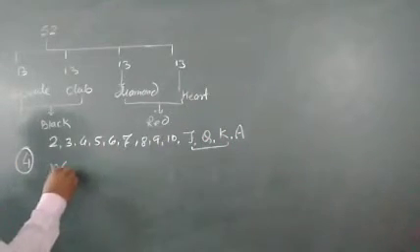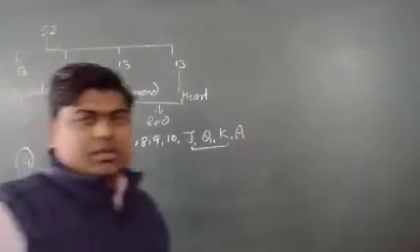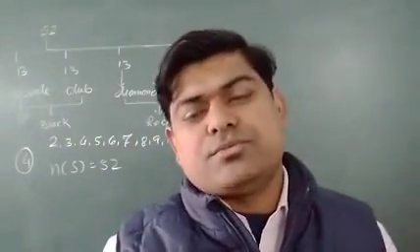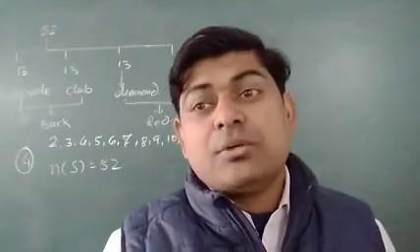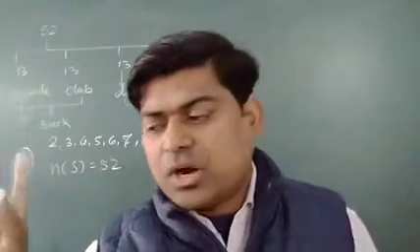In the starting I can write number of S is equal to 52. One card is drawn, and this comes from 52C1. Which one is drawn we don't know, but that one card can be drawn in 52 ways from the 52 cards.